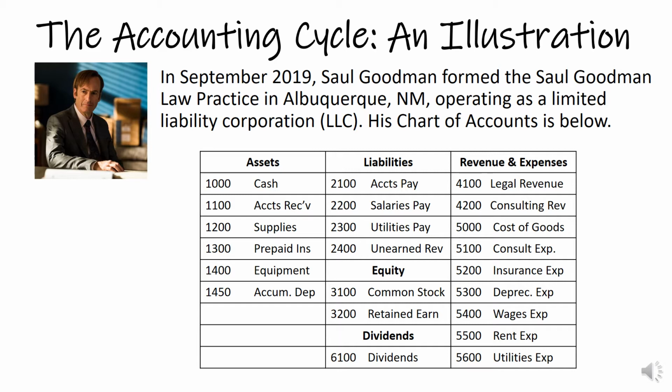Here we've got Saul's chart of accounts. The chart of accounts shows a breakdown of the different ledgers that feed into the journals related to each of the primary categories of transactions presented in the financial statements.